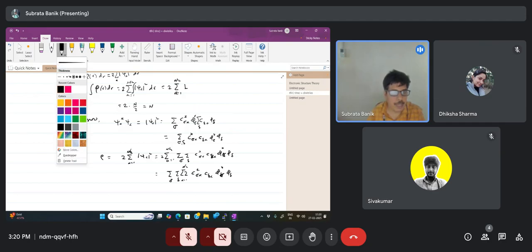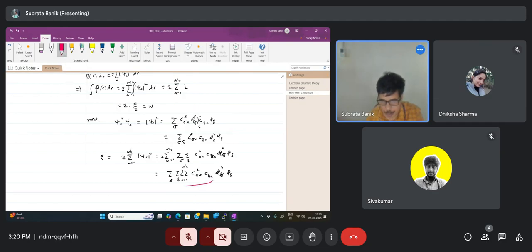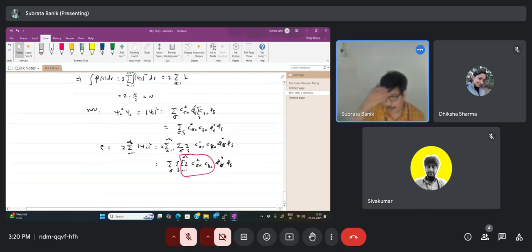You see, this is the guy that we have taken as P, right? So this is directly related to the charge, the density of charge, right? Density distribution function. That's why it's called the charge density matrix.